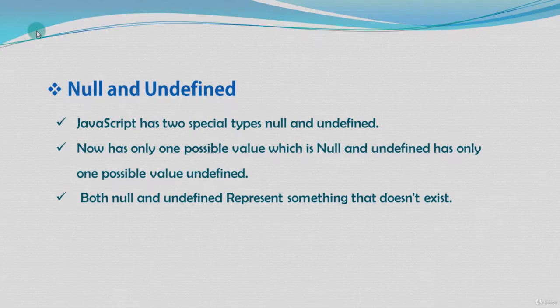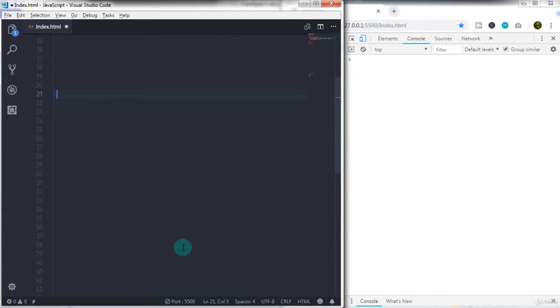So let's take an example. Now we'll first create let my value and close this statement using a semicolon. If you print this statement, you will get undefined because it is the default value. Then we'll edit the statement and specify let my value is equal to null.